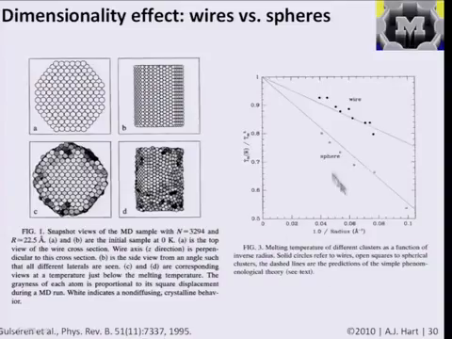Here it says the solid circles refer to wires, the squares refer to clusters, and the dashed lines are the prediction of the theory, and the squares are results from molecular dynamics simulations that compute the melting point as a function of size. So while the agreement may not be exact, this idea that, because there's less relative surface, wires are more stable than spheres certainly has an important effect as well.